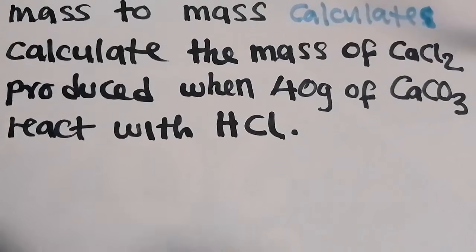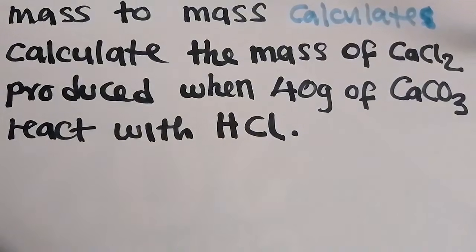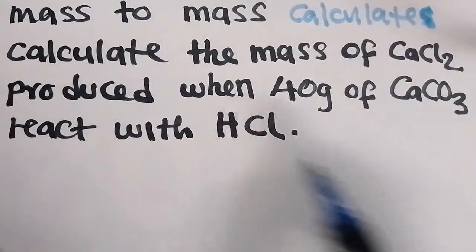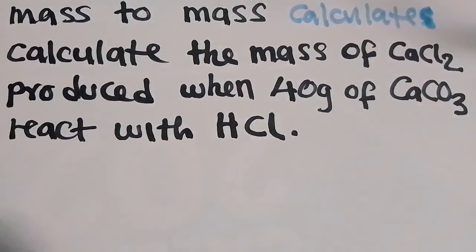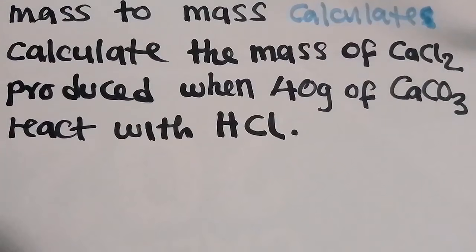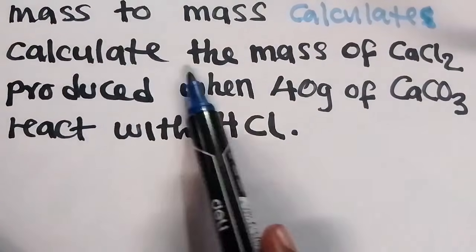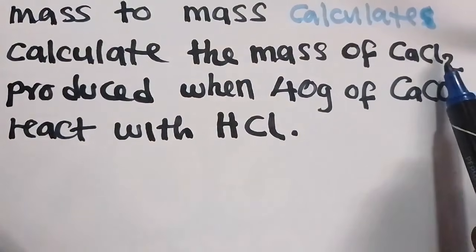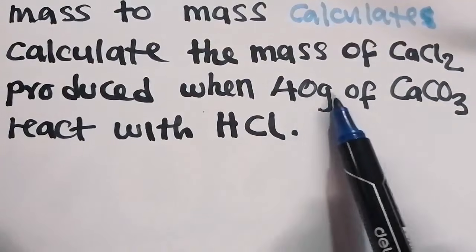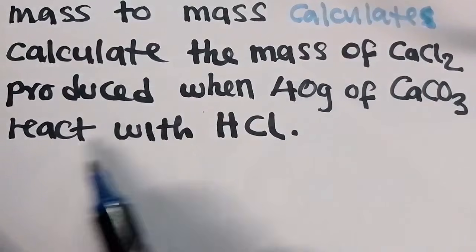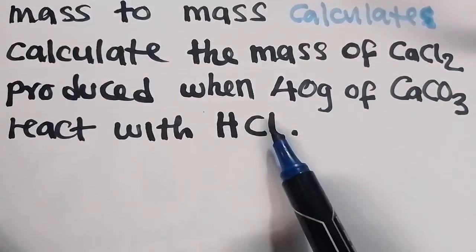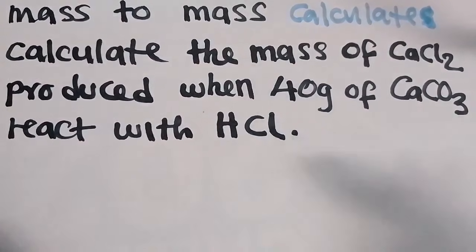So how can you go about this one? This is an example. Here I'm just giving out examples, so you see how questions usually come in an exam. It is saying: calculate the mass of calcium chloride produced when 40 grams of calcium carbonate reacts with hydrogen chloride. Some people call this hydrochloric acid.